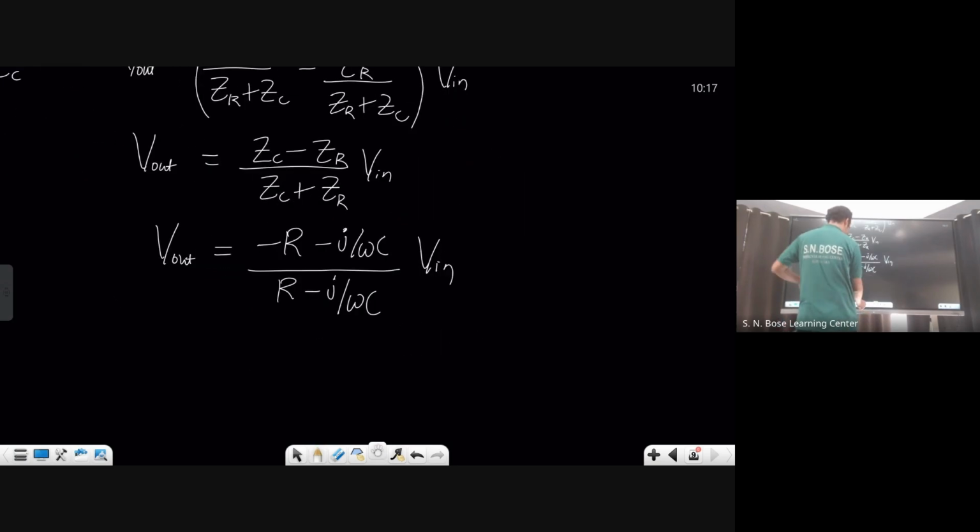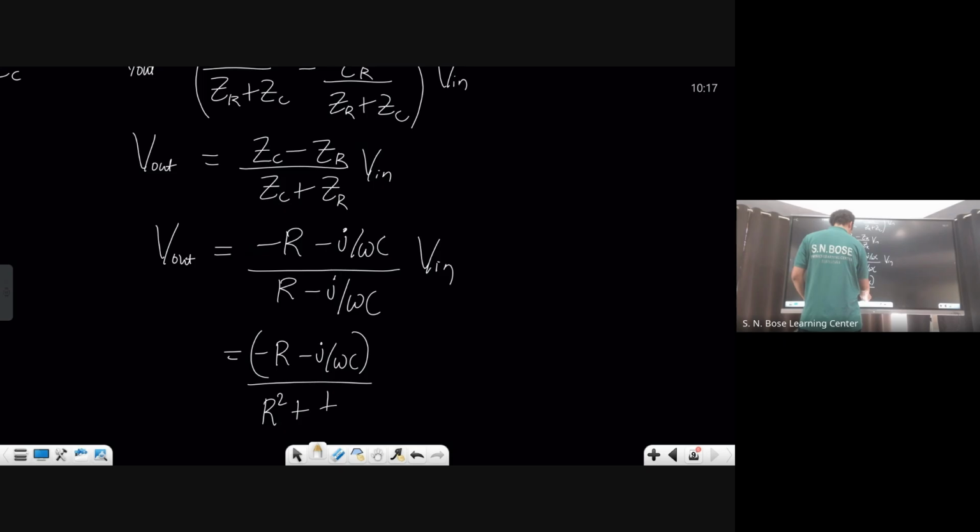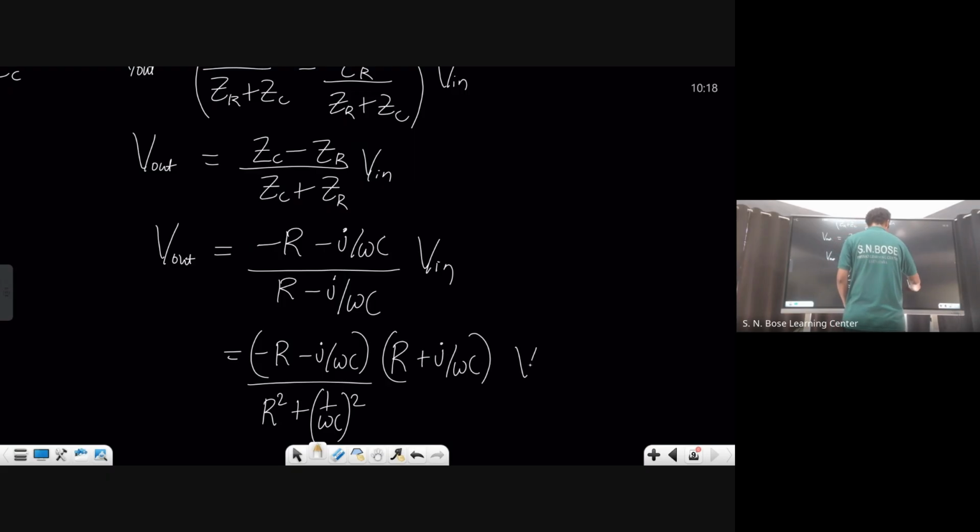Fine. Minus R minus j by omega C. Multiplying and dividing by the conjugate of the denominator. I'll do that, but if I skip the step, then I may make a mistake. Be careful. What is this one? R square plus 1 by omega C the square. Multiplying by the conjugate of this one, R plus j by omega C, into V in.